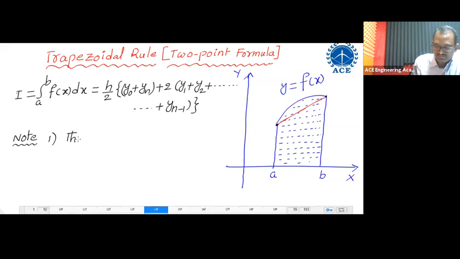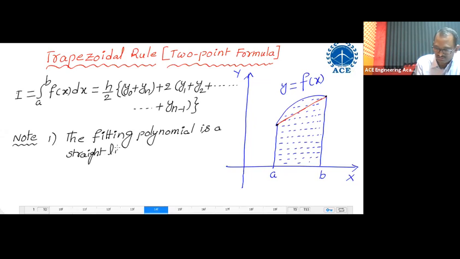Write down: the fitting polynomial is a straight line. Means the fitting curve is a straight line.